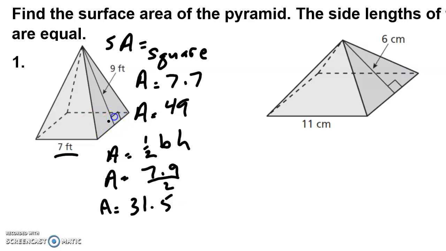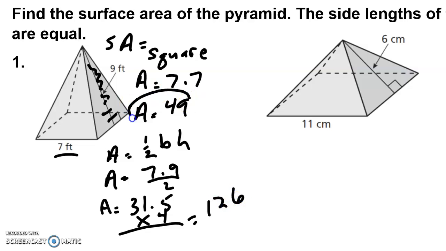That is one of our triangles. But it's a square pyramid, so we actually have 4 identical triangles. If I take that 31.5 and multiply it by 4, I get 126.